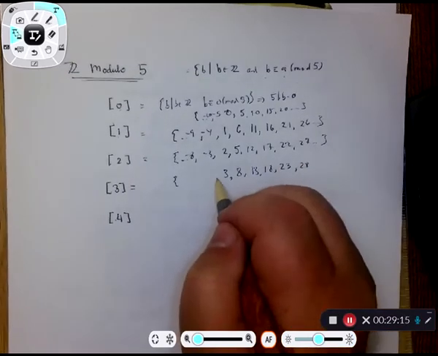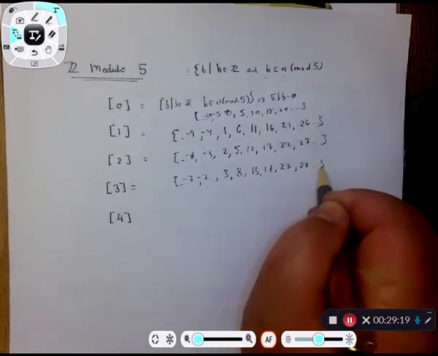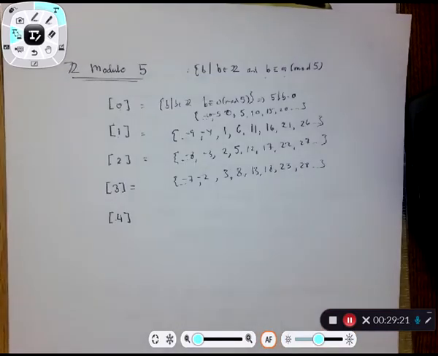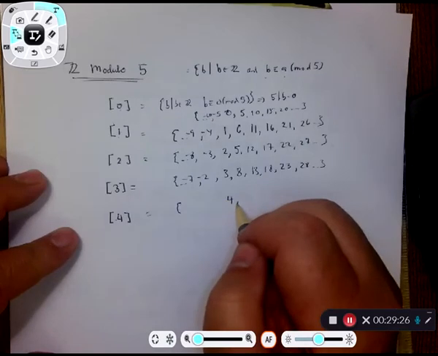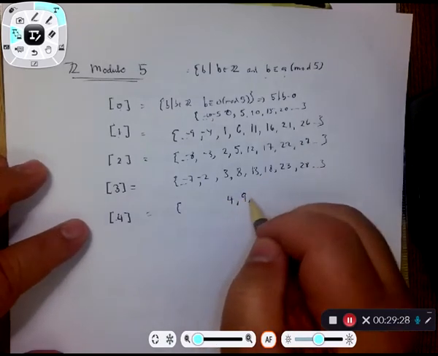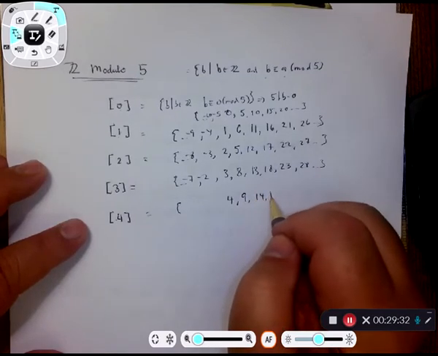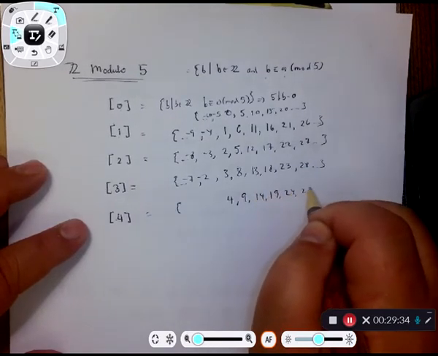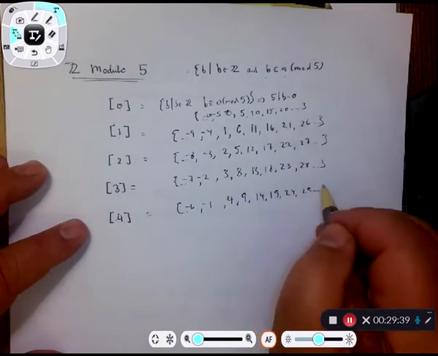Going the other way would be -2, -7. And last but not least, equivalence class 4 would be 4, 9, 14, 19, 24, 29, then -1, -6, so forth and so on.